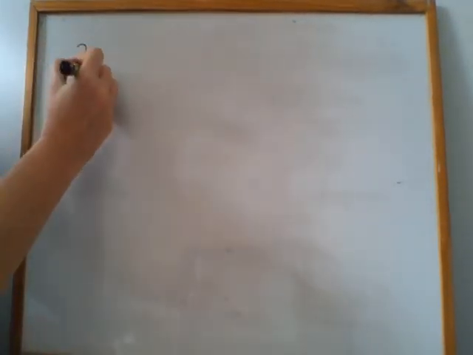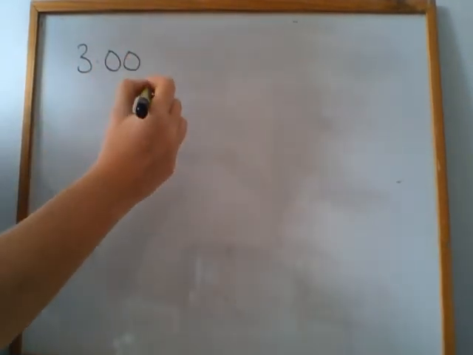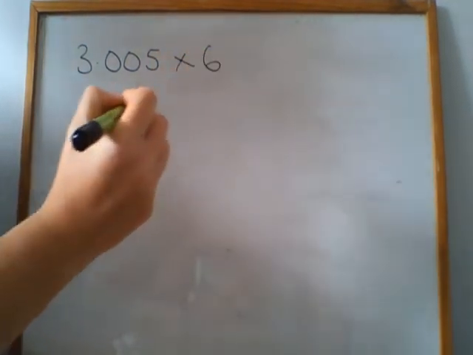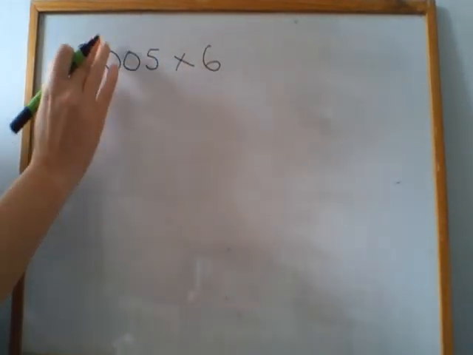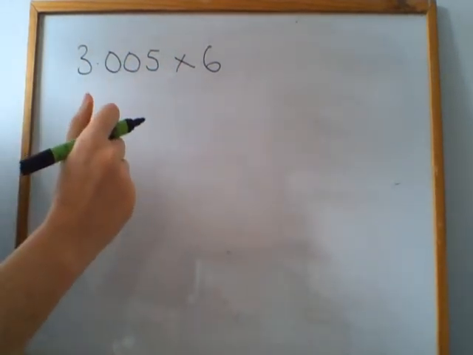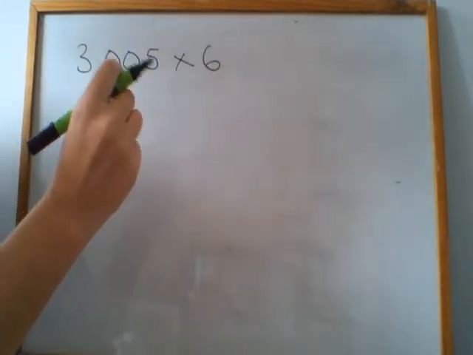Number 6, 3.005 multiplied by 6. We had a look at one similar to this a couple of days ago. Let's have another look. I advised you, take the decimal point away and then multiply it, but remember to put it back. So what I mean by that is move it along so you don't have a decimal in it.